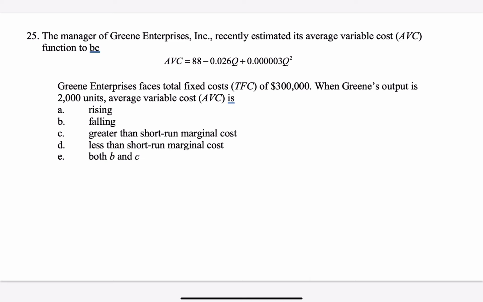So when Green's output is 2,000 units, average variable cost is. So we're going to plug in 2,000 into our average variable cost curve. Apparently I did not already do the math, so give me just 1 second to get a calculator, sorry. We're going to have 88 minus 0.026 times 2,000 plus 0.00003 times 2,000 squared.